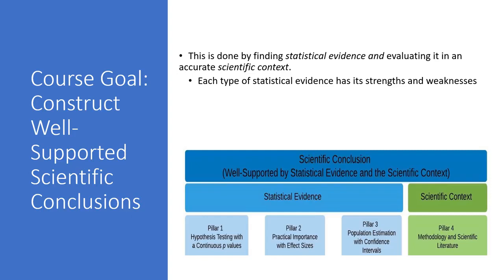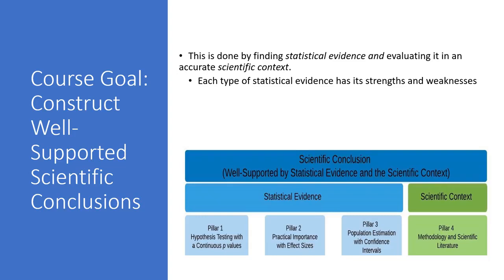So you can't just look at the numbers, just look at the statistics. All statistics are generated through some kind of data collection process. And if that process has flaws, then the statistical evidence is going to be less compelling. If the flaws are serious enough, the statistical evidence should be thrown out. It doesn't mean that a study has to be perfect to be useful, but the more flaws that it has, the less compelling the evidence it will provide.